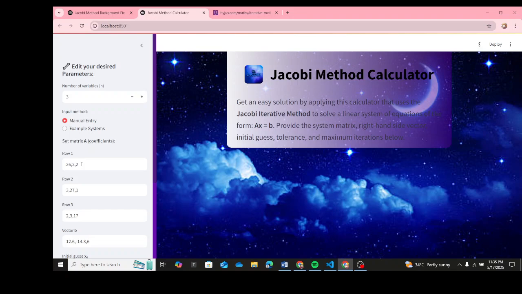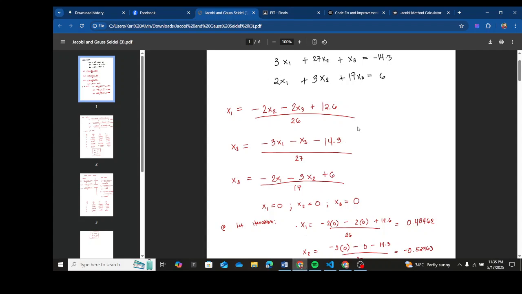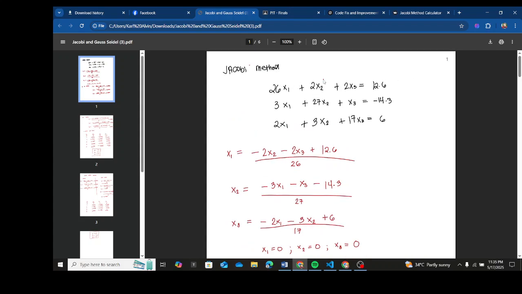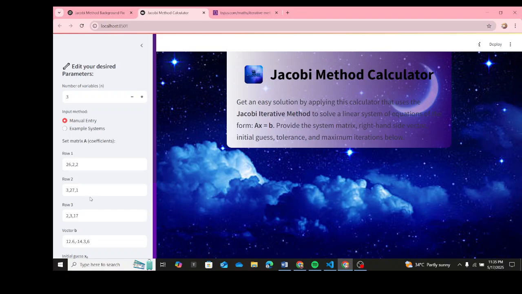If there is a minus, when we come back to our manual here, as you can see, these are all positive, so all are added, so there are no negative signs that we should input in our parameters.